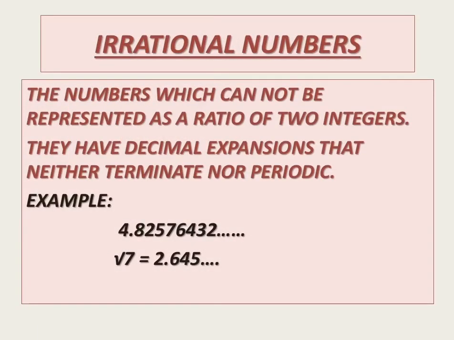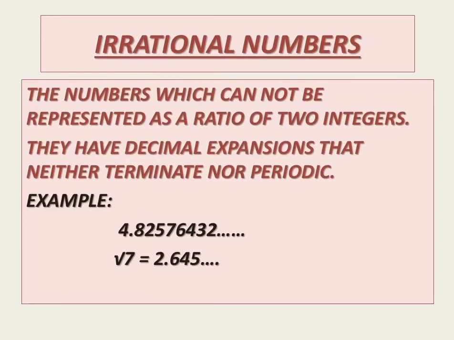Okay guys, now what are irrational numbers? Let's see. The numbers which cannot be represented as a ratio of integers are known as irrational numbers. Meaning the numbers which cannot be represented as a over b, where a and b belong to integers and b is not equal to 0. These are the irrational numbers.